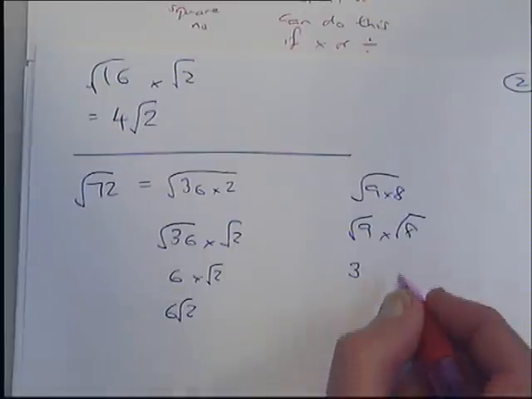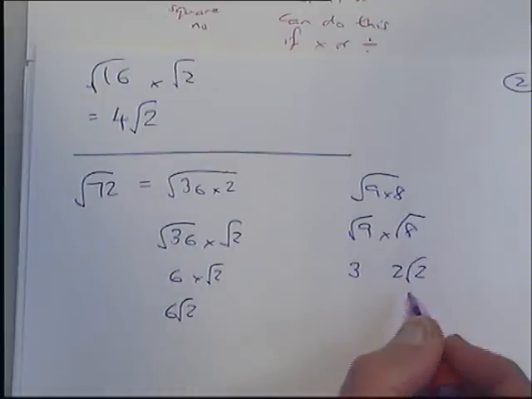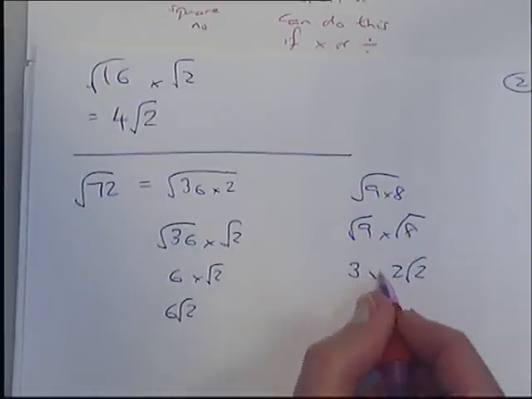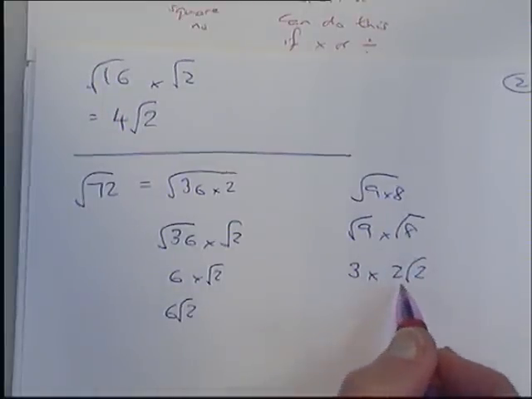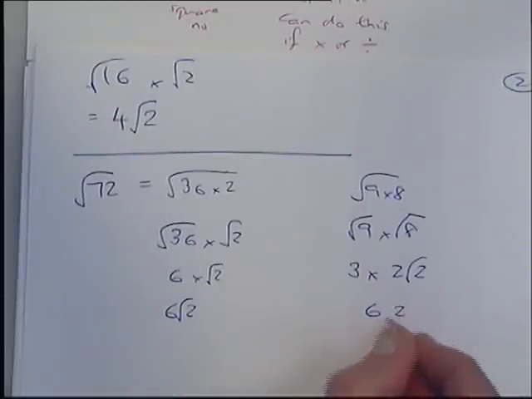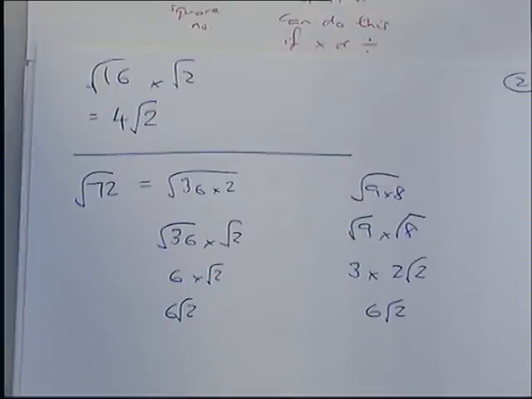Emily? 2 lots of root 2. Okay, that comes from earlier. 3 lots of 2 is 6. 6 lots of root 2. We would have got to the same answer. It's just if you can find a big square number, it just makes life a little bit easier and quicker. All right, stopping that video there, and we'll start another one in a minute.